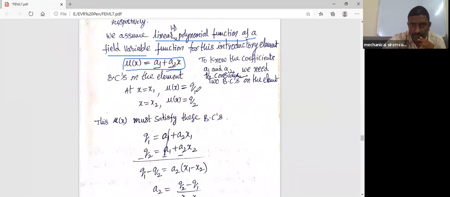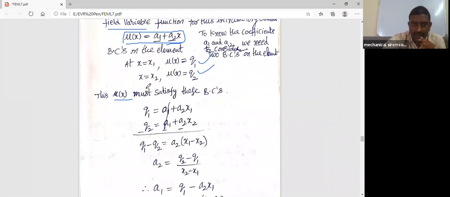Now this u of x must satisfy the boundary conditions. At x equal to x1, u of x equals q1, so q1 is equal to a1 plus a2 x1. And q2 is equal to a1 plus a2 x2.